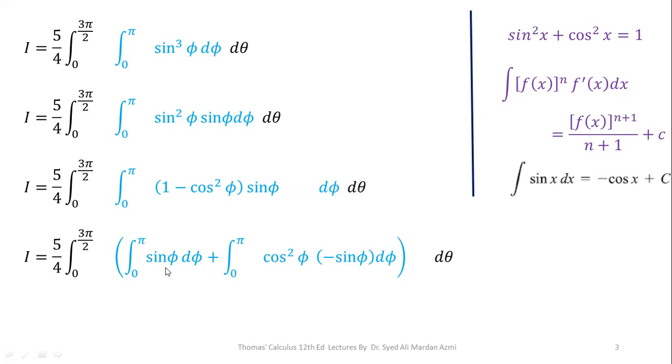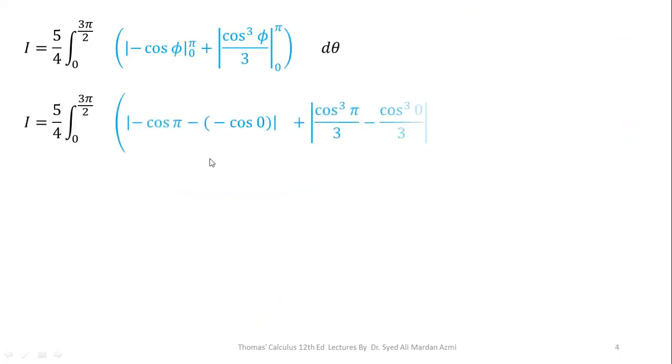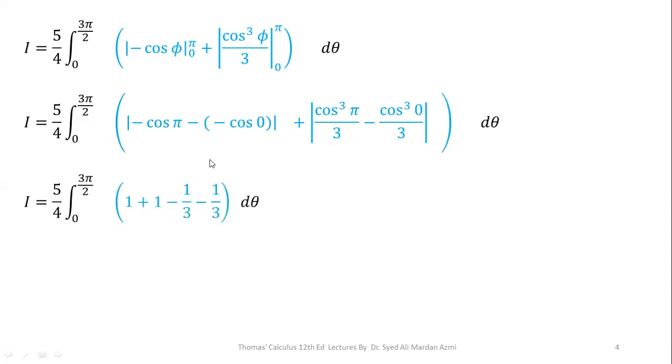And in the first term, the integral of sine will be minus cos. So applying the process of integration, integration of sine of phi is minus cos of phi for the limit 0 to pi. Integration of cos square will be cos cube over 3 for the given limit 0 to pi. In the next step, applying the limits, upper limit minus lower limit, and making the simplification: 1 plus 1 minus 1 by 3 and then minus 1 by 3 from here.